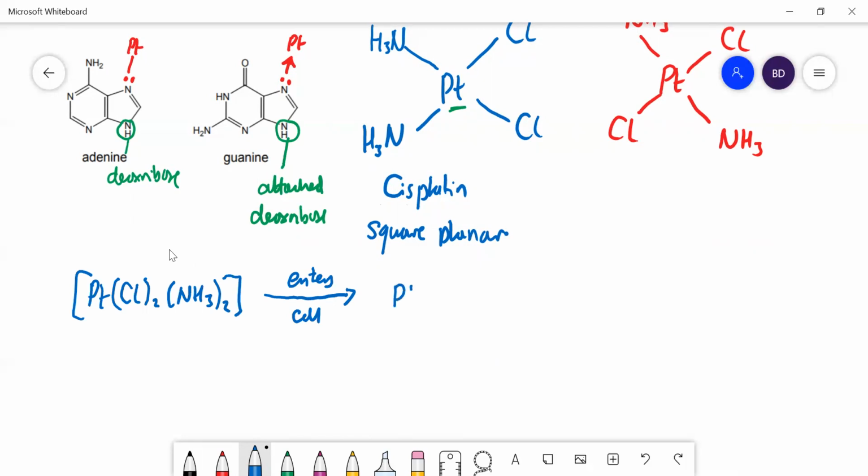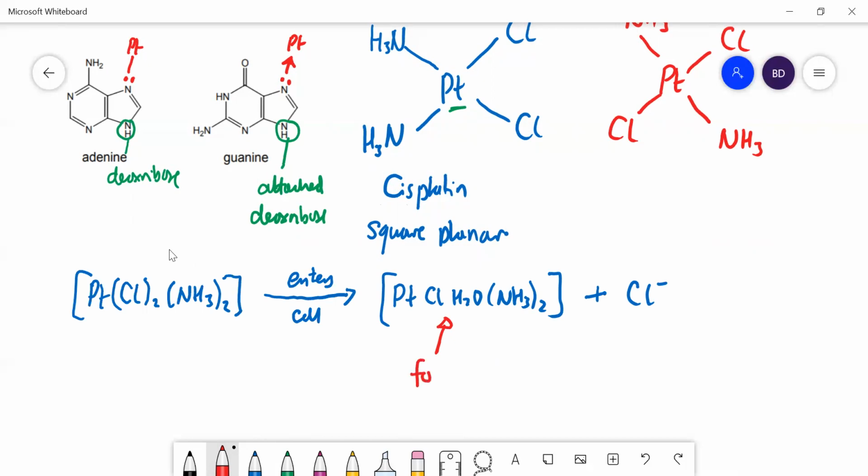So that will form PtCl(H2O)(NH3)2, and you'll get a chloride ion coming off there. And this species can then bind to the DNA.